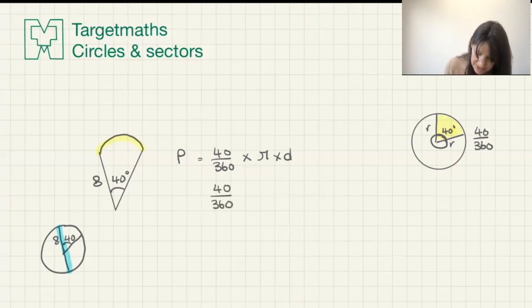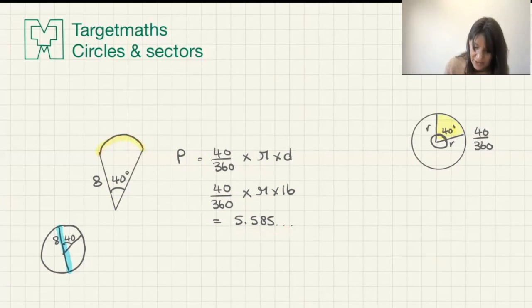So we've got 40 divided by 360 times pi times 16, okay, that will equal 5.585, on and on it goes. But remember, this number here is not the answer because it was literally just finding this arc here.